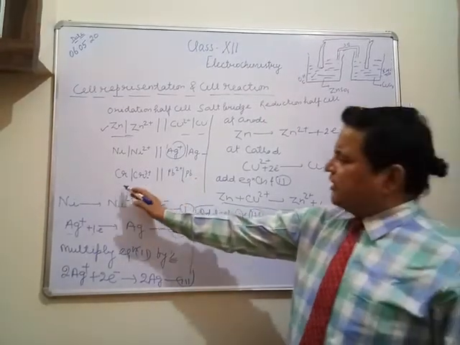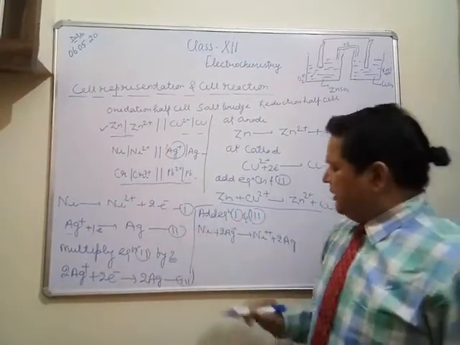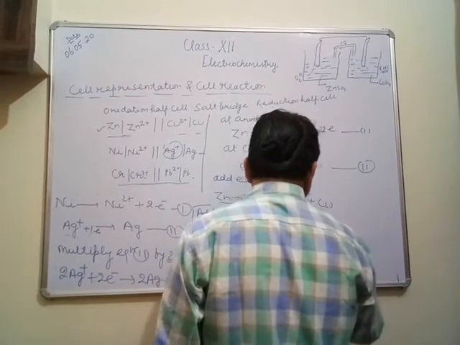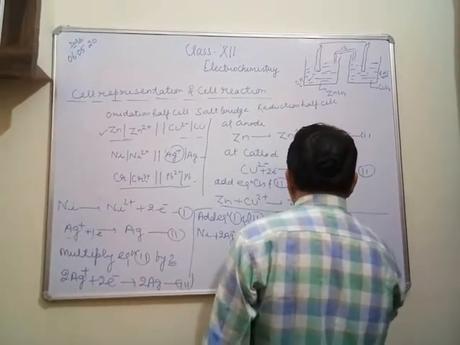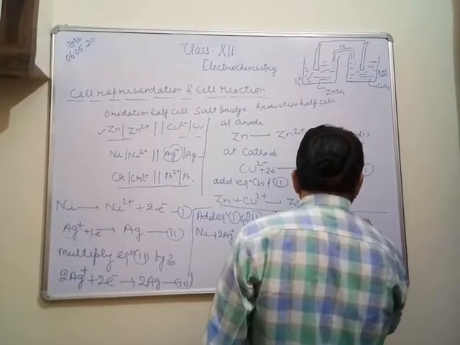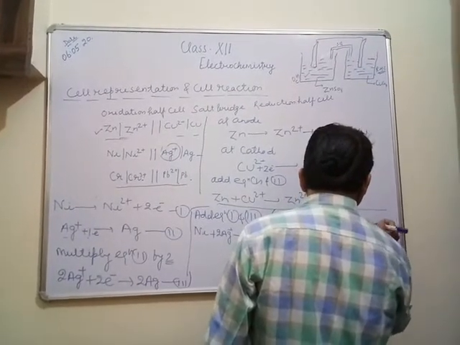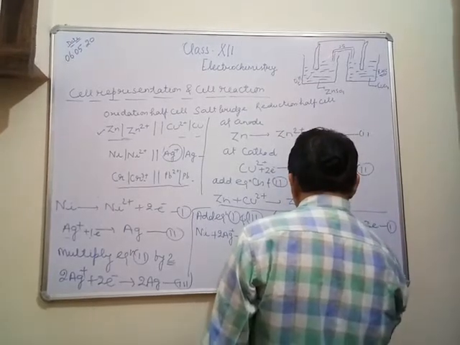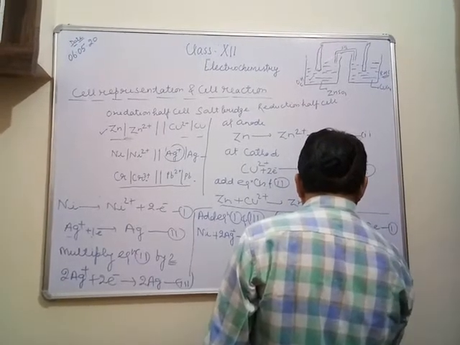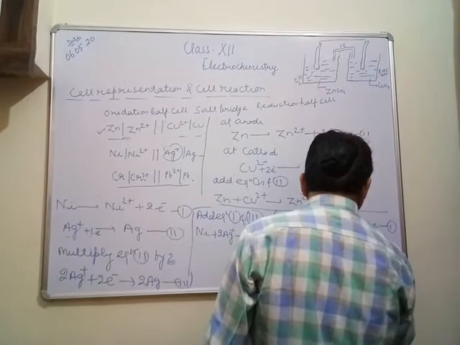Similarly, we have this another cell. How will we write it down? The same process will be there. Cr is converting into Cr3+. Obviously, it will require 3 electrons. That will be equation first. And then Pb2+ needs 2 electrons to convert into Pb.